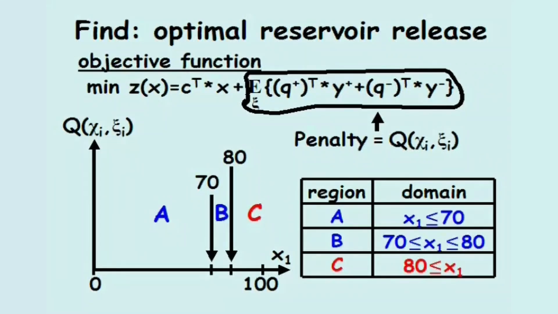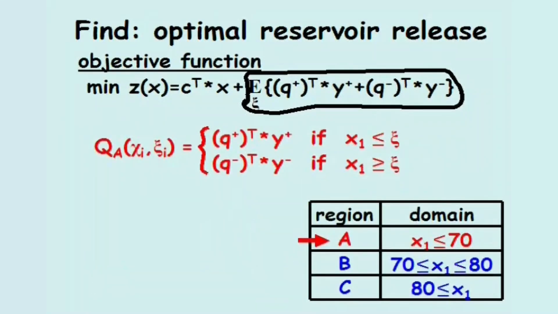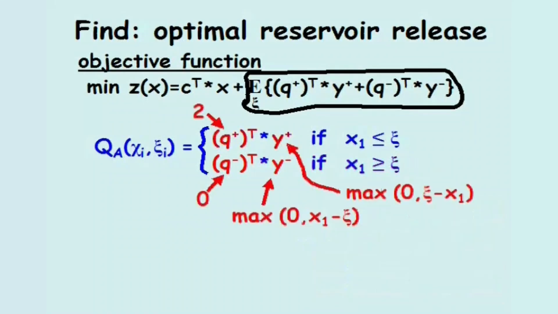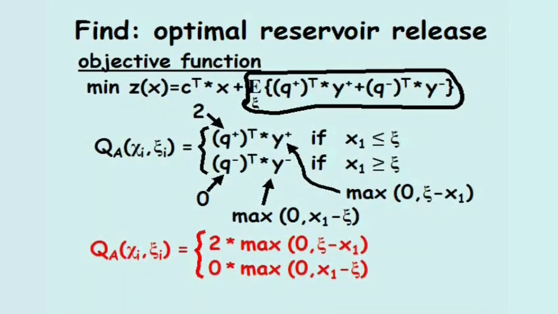We'll begin by calculating the penalty for region A. Q equals the shortage penalty times the shortage if supply is less than demand, or the penalty equals the surplus penalty times the surplus if supply exceeds demand. Plugging in the values for the penalties, shortage, and surplus, and knowing that for region A, x1 will be less than xi, the penalty for region A equals 2 times the shortage.